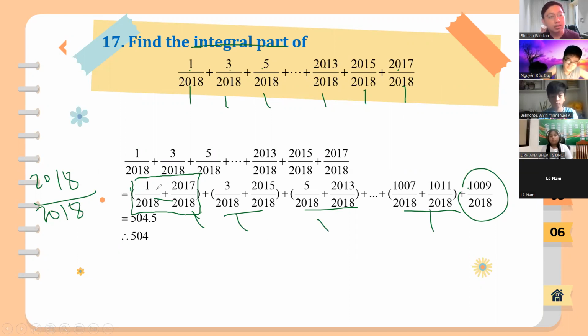In this case, we know that there's 504 of them. How do you know that there's 504 of them? You just have to count from 1 to 1007, and that's an odd number, so there's going to be 504 of them.